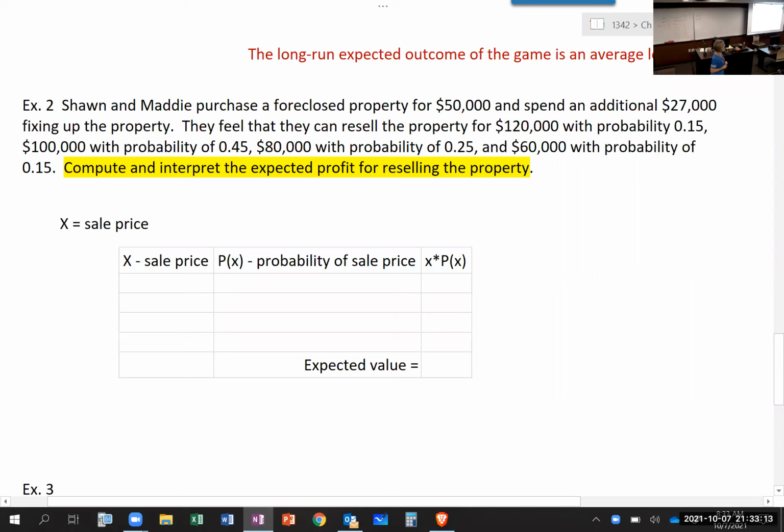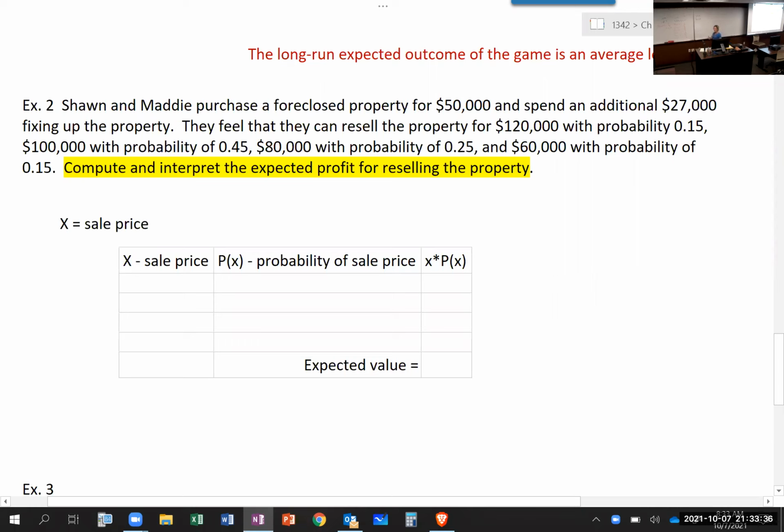They could sell it for 80 at a probability of 0.25 and 60 with a probability of 0.15. So they know they can sell it, but they don't really know what the sale price is going to be. They just know that there is a probability associated with each of these sales prices.